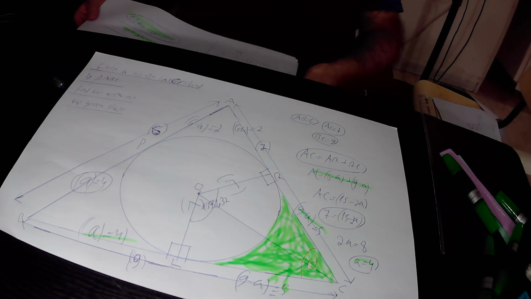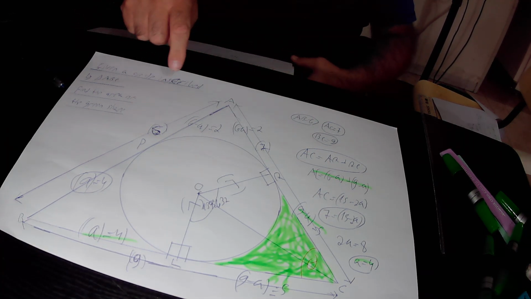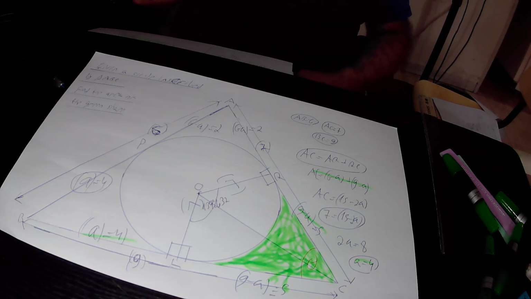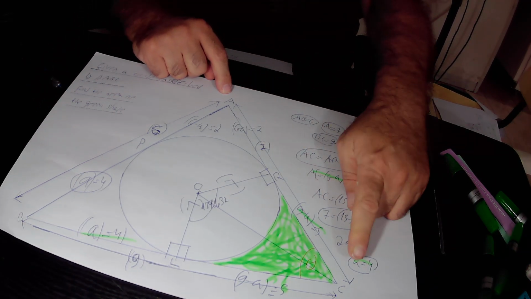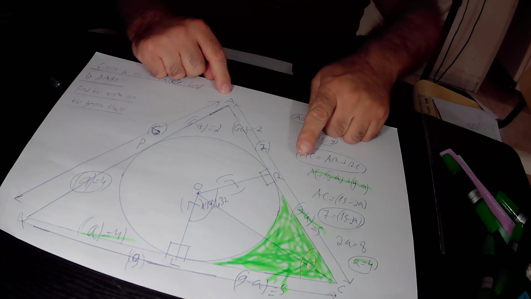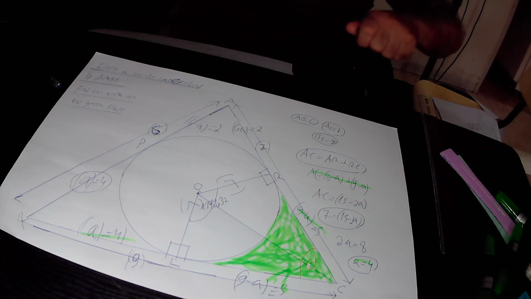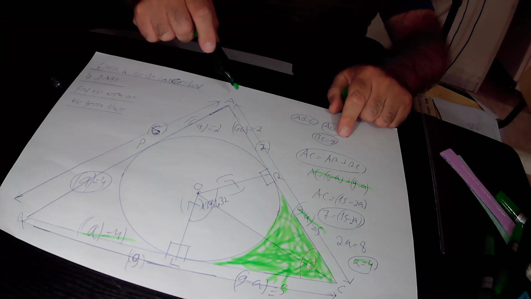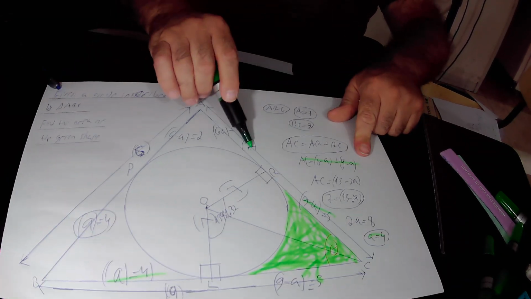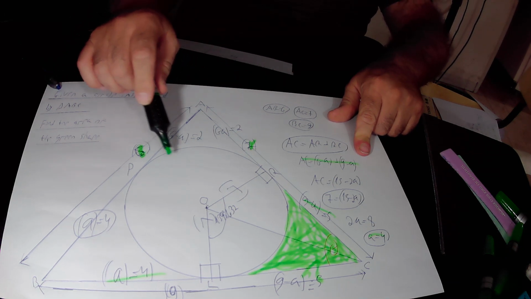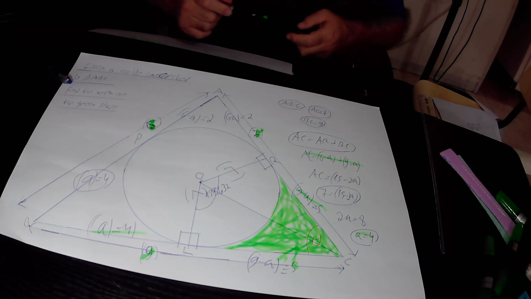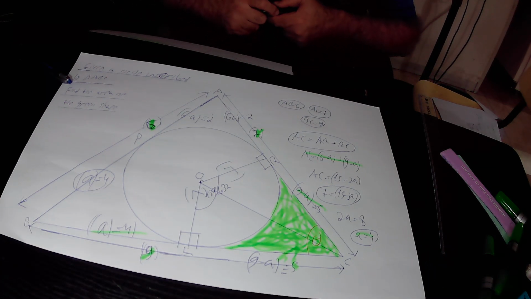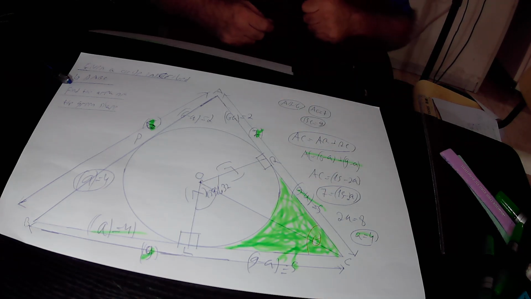So, in the drawing, we have a circle that is described by this triangle ABC. We know that side AB equals 6 units, side AC of triangle ABC equals 7 units, and side BC of triangle ABC equals 9 units in its length. Again, our task is to find out the area of this grand shape.